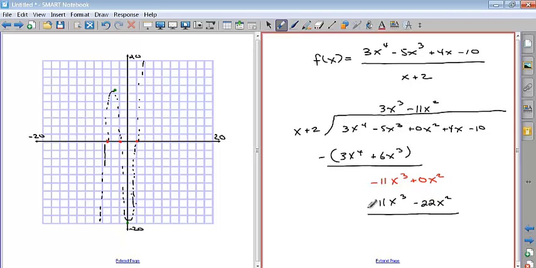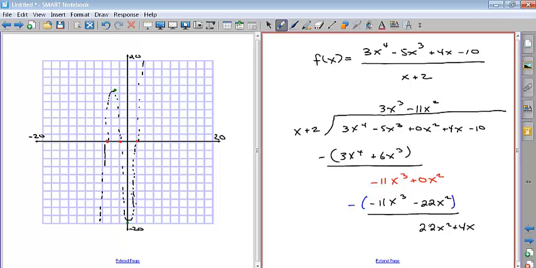Again, I'm subtracting this whole thing, so this goes to 0. This negative times the negative is a positive, so I'm actually going to end up with positive 22x squared. Okay, bring down the 4, so I get 4x.